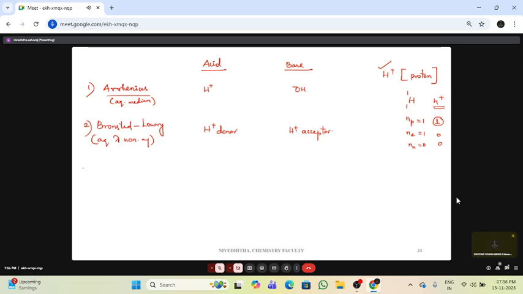Third definition is based on electron pair, which is called Lewis concept. If a compound accepts electron pair, then that is called acid. Electron acceptors are called acid, specifically called as Lewis acid.